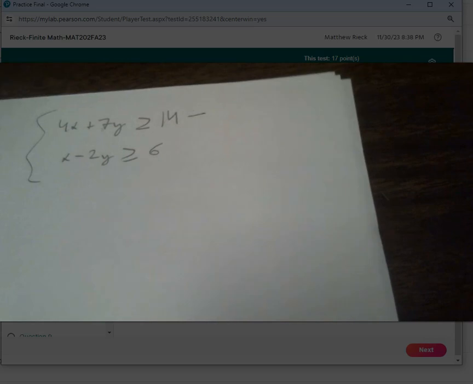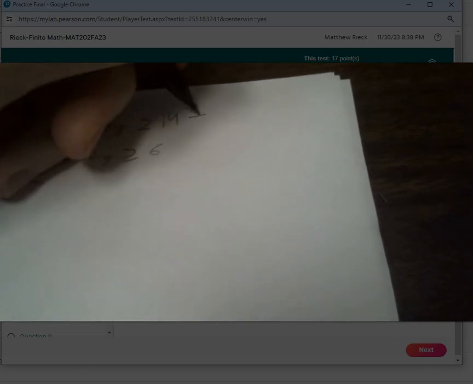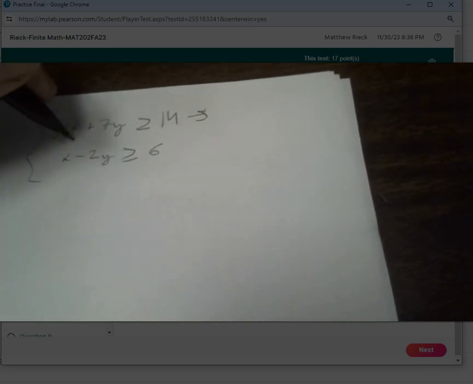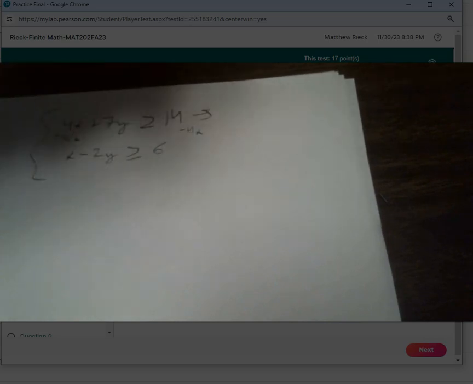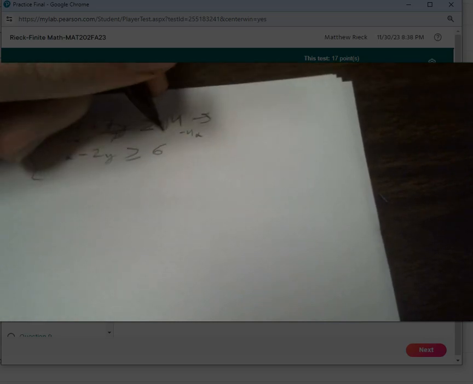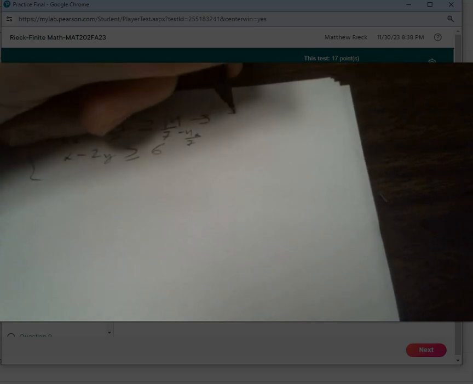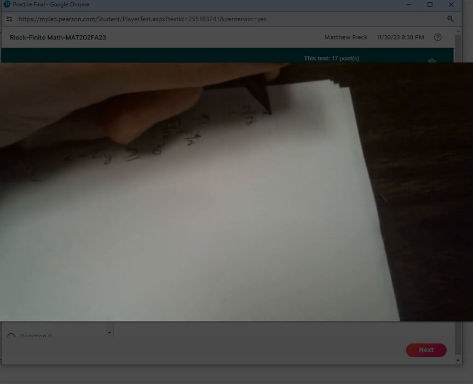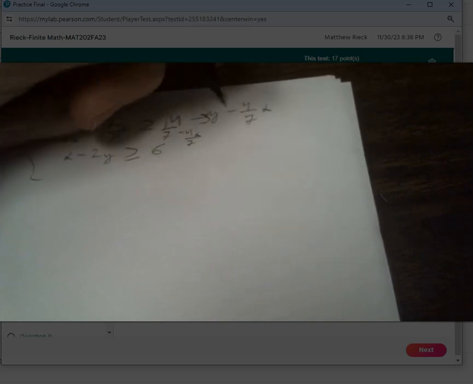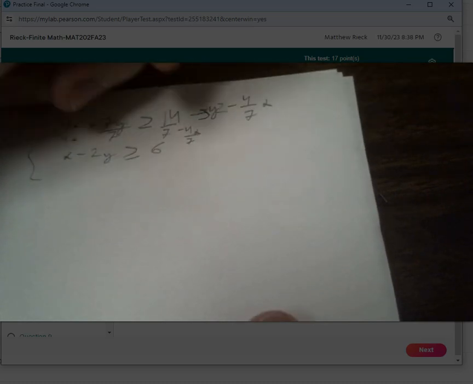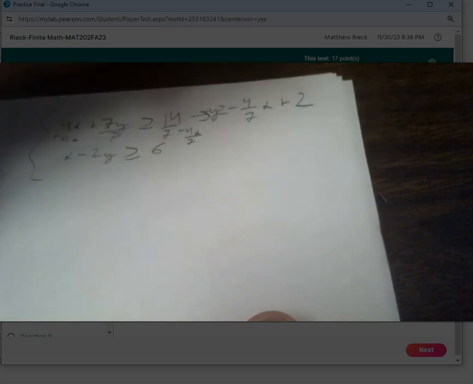To start off, we can subtract the 4x from each side, and then divide everything by 7 for the first one. So y is greater than or equal to negative 4/7 x plus 14/7, which is 2.